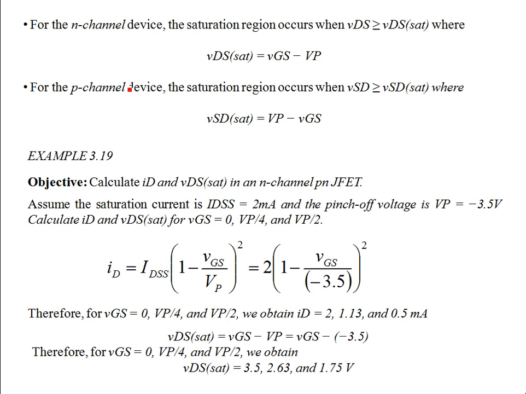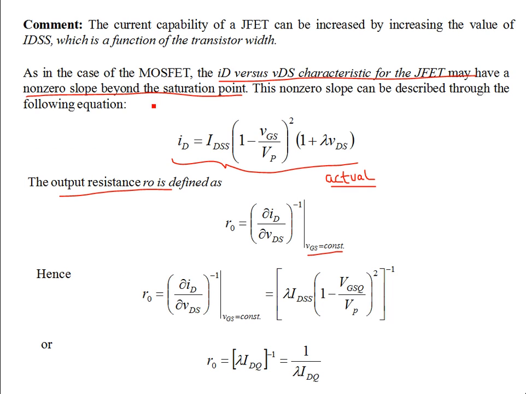So it's the ratio for a very small increase in ID for a small increase in VDS. This gives the forward resistance of the JFET device. This non-zero slope can be described through the following equation.